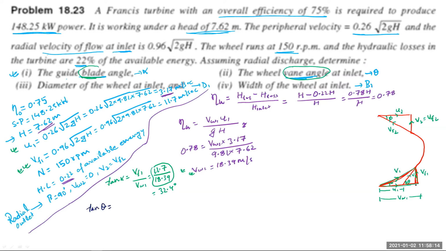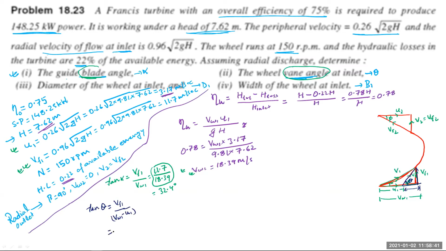Tan theta in this triangle, this is your theta. So perpendicular by base, perpendicular is VF1, base is this much, and this is nothing but VW1 minus your U1.